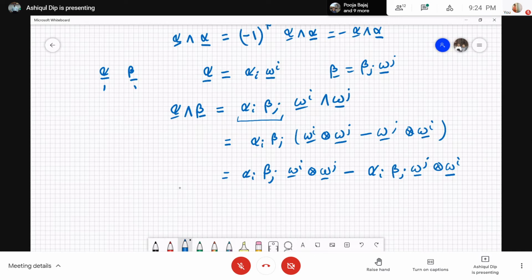Now, our indices here, I and j, both are dummy indices, so we can replace with anything, right? I want to replace this I to be j, and this j to be I. Can you tell me why I did that?